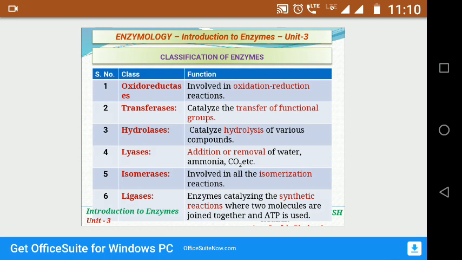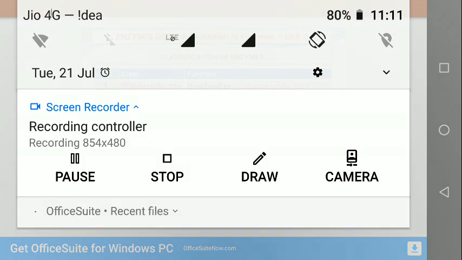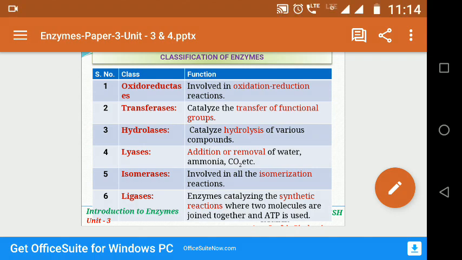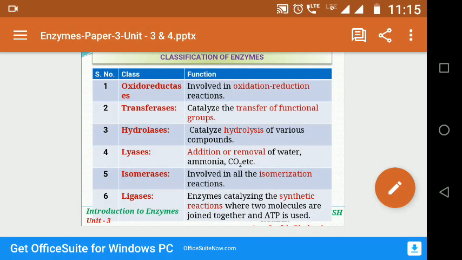If a phosphate group is transferred from ATP to glucose, then hexokinase is a transferase enzyme. And the third class is hydrolases, which hydrolyze polymers like carbohydrates, lipids, proteins, and nucleic acids.